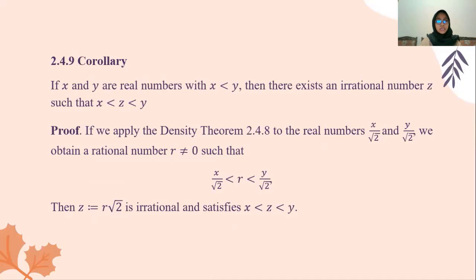2.4.9 corollary. If x and y are real numbers with x < y, then there exists an irrational number z such that x < z < y.